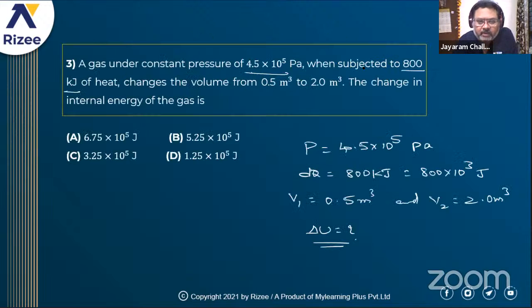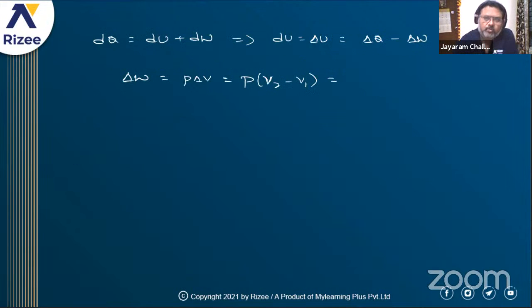What is the pressure given? 4.5 into 10 to the power of 5, and the volumes are 2 and 0.5. So this is 4.5 into 10 to the power of 5, and the volume is V2, which is 2, minus 0.5.